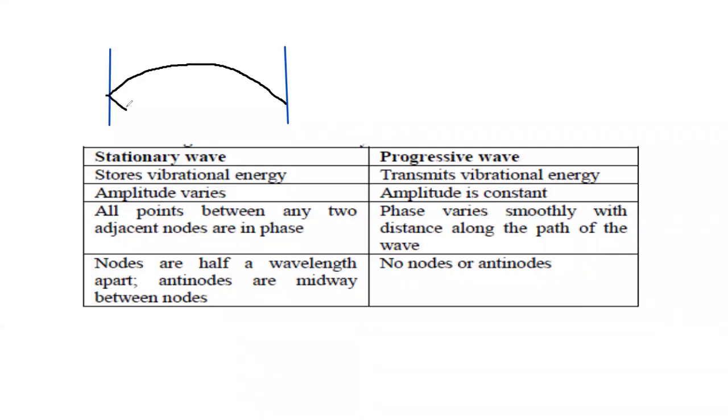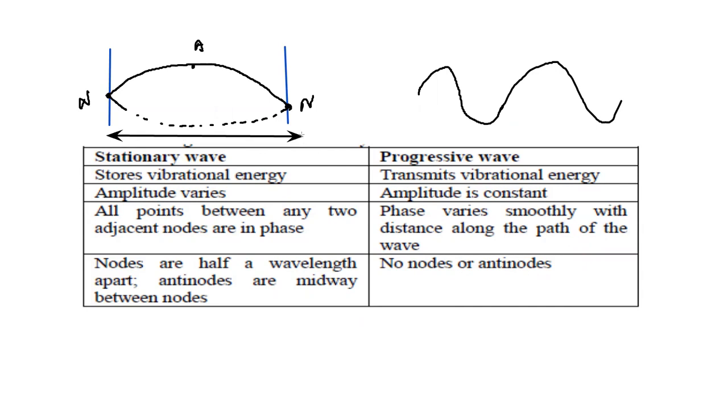So this is a standing wave, and this one is a progressive wave. The region where the amplitude is minimum is a node, and where the amplitude is maximum is an antinode. So the distance between two successive nodes, in terms of wavelength, is half of wavelength. How is it half of wavelength?